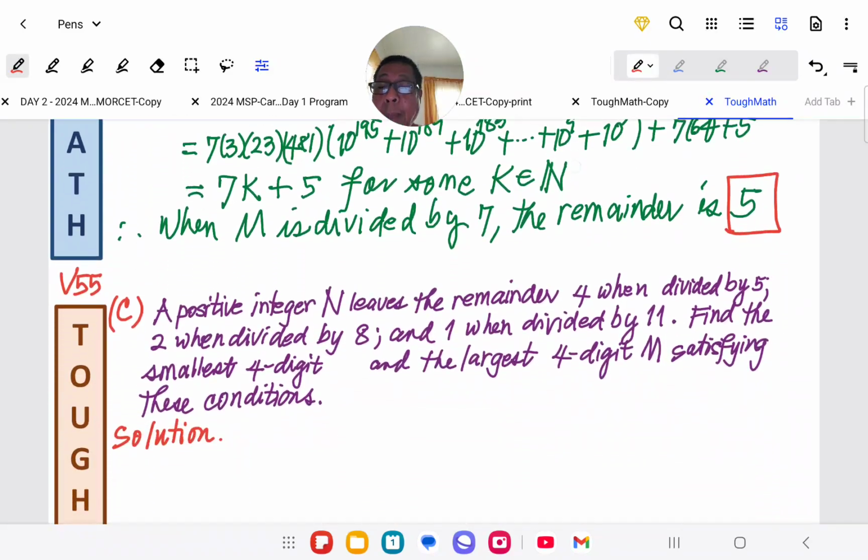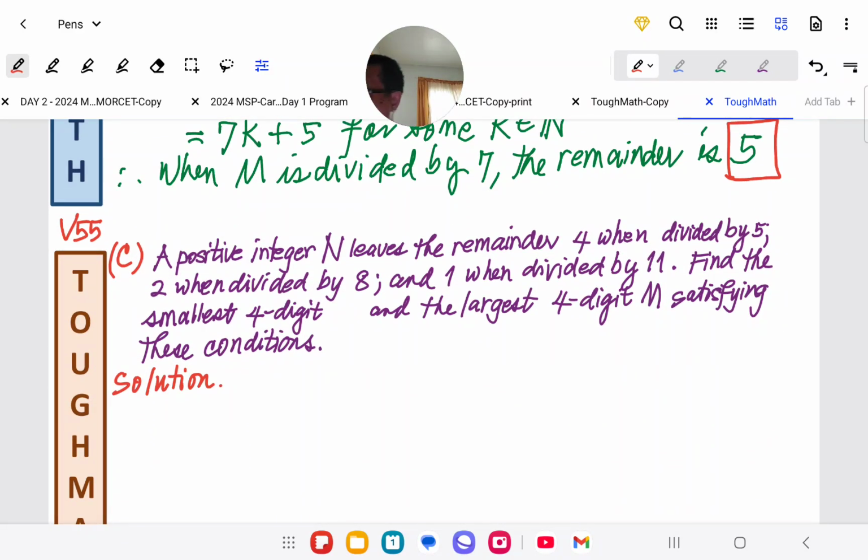And for the third problem, we have a positive integer n that leaves the remainder 4 when divided by 5, 2 when divided by 8, and 1 when divided by 11. Find the smallest 4-digit number.